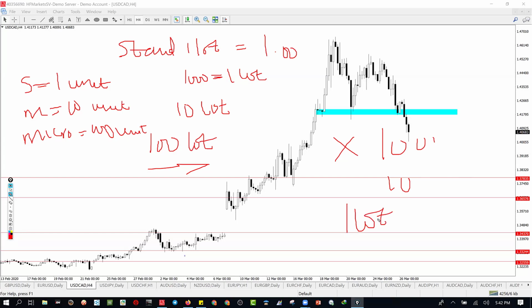So I will advise you to open the normal standard account, which is the one lot. You have the option to open it whenever you want to create a real account on a brokerage firm. You have the option to choose standard, micro, or mini, depending on the money that you have.